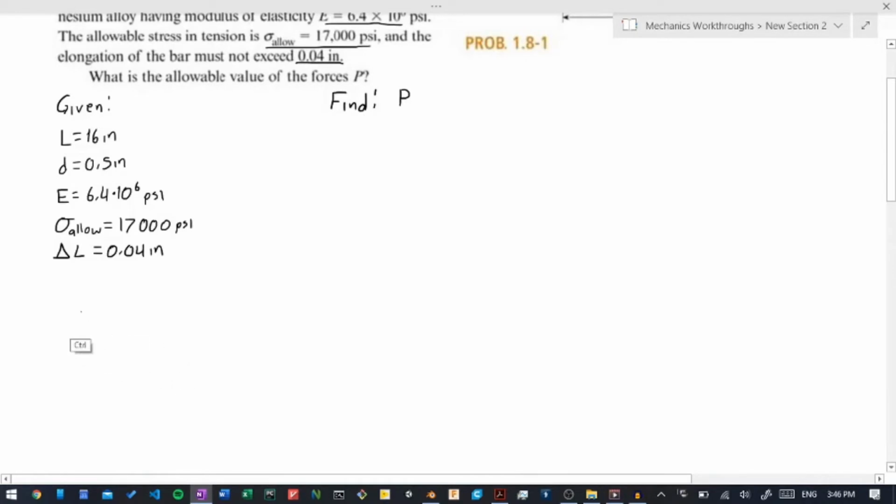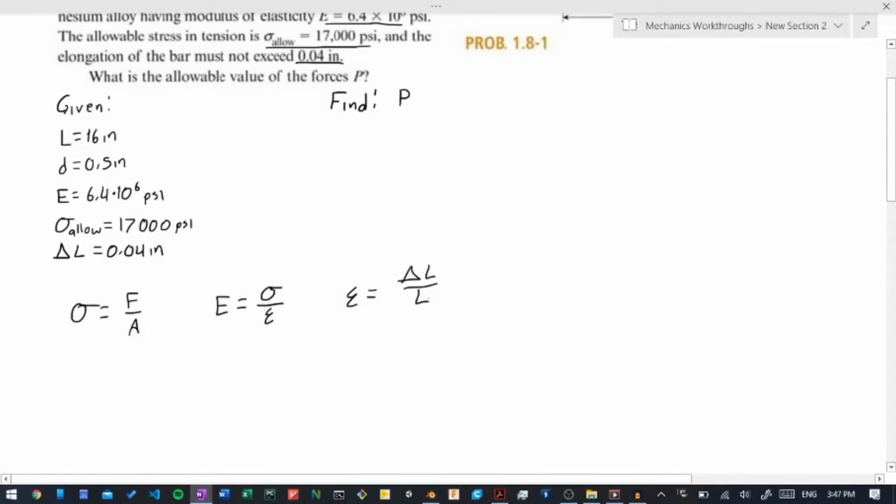Alright, so let's think about what equations we can use for this. An important one is our equation for stress. It is force over cross-sectional area. And we also have the relationship between our Young's modulus and our stress, which is given by E equals sigma over epsilon. And then we also need to know what epsilon is, and that would be our change in length over our original length.